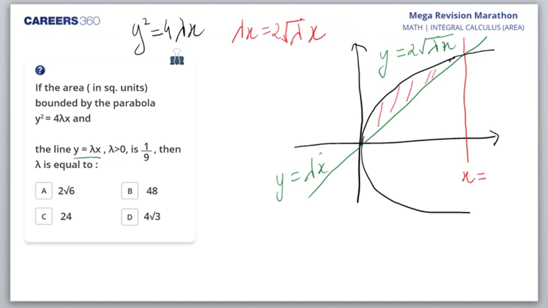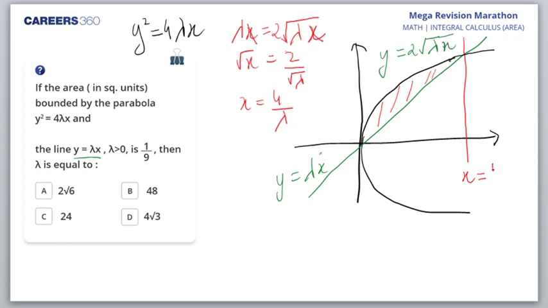So what do I get? Root x would cancel with root x, and I'll get, or you may do this by squaring, root x would be 2 by root lambda, or x would be 4 by lambda. Am I right?